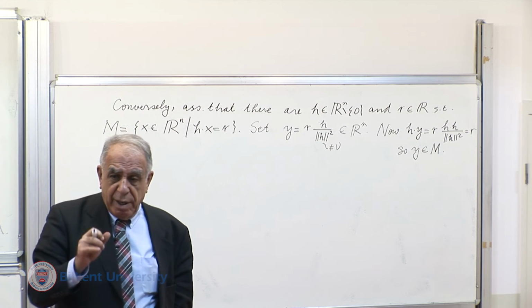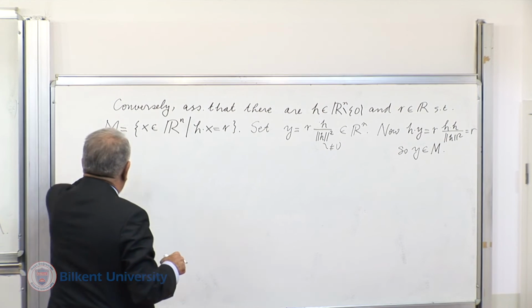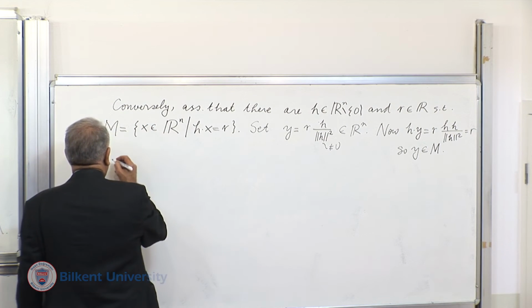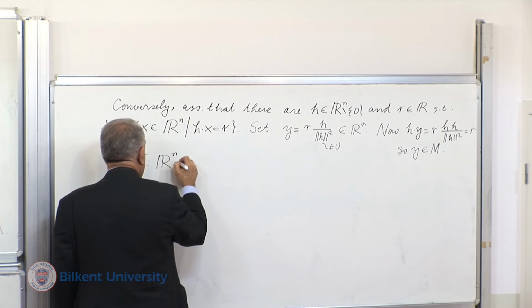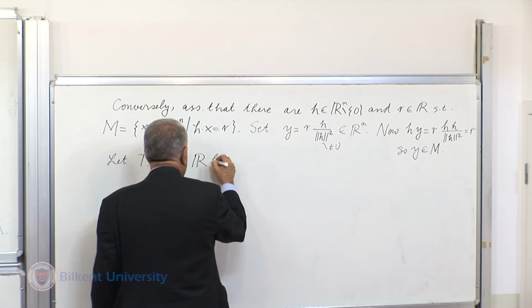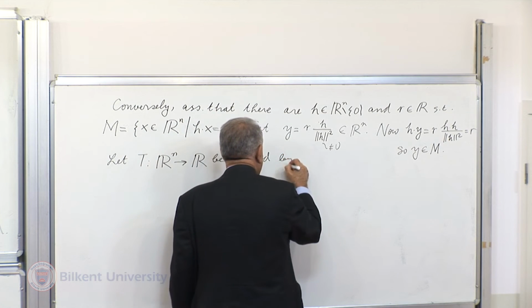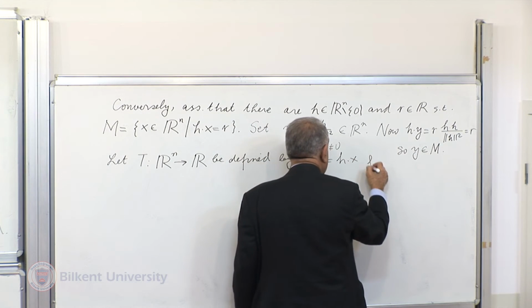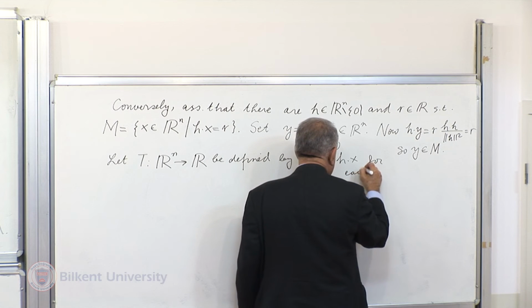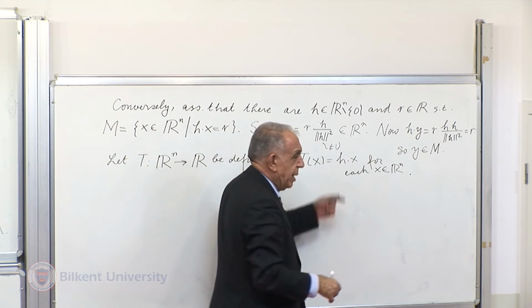When the value of that map is equal to r, the set of all such points will comprise capital M. Let T from Rn to R be defined by T of x equal to h dot x for each x in Rn. So this will be a real value.